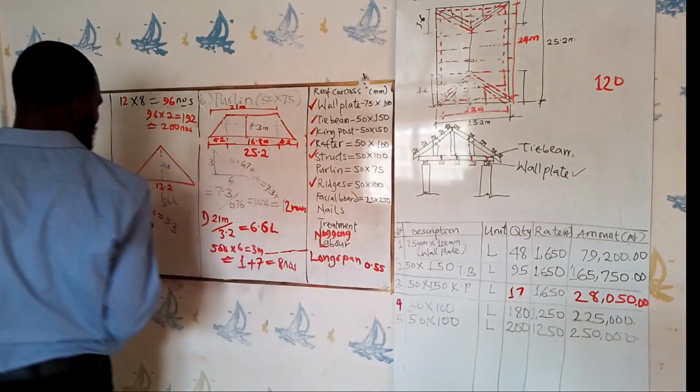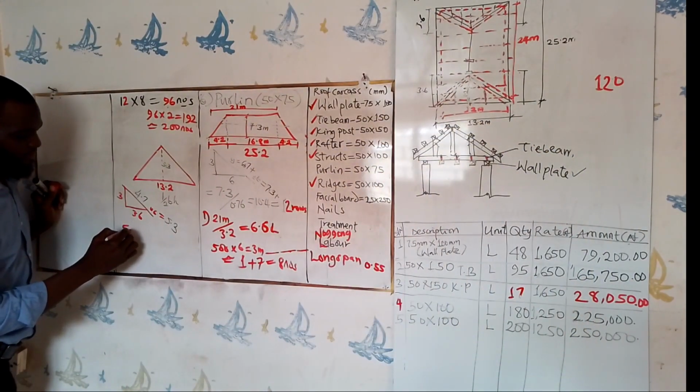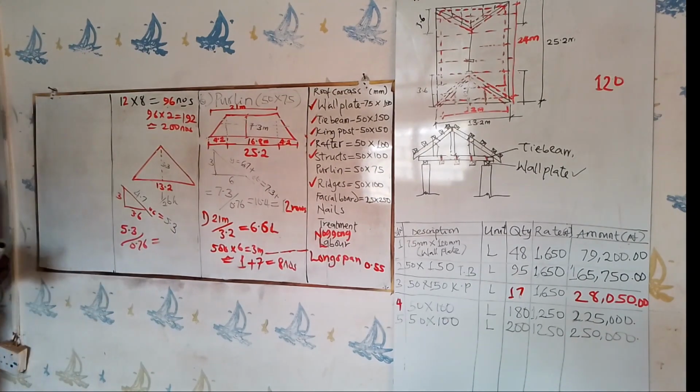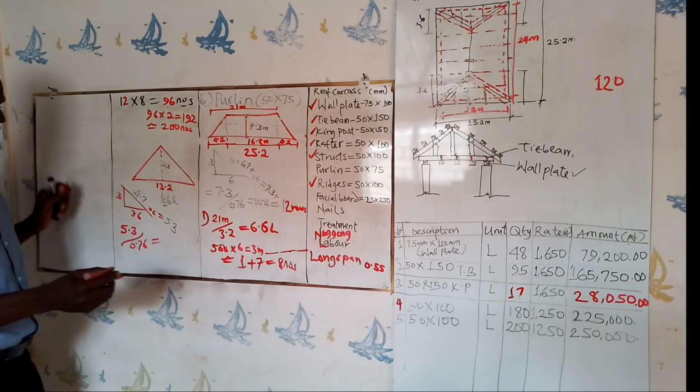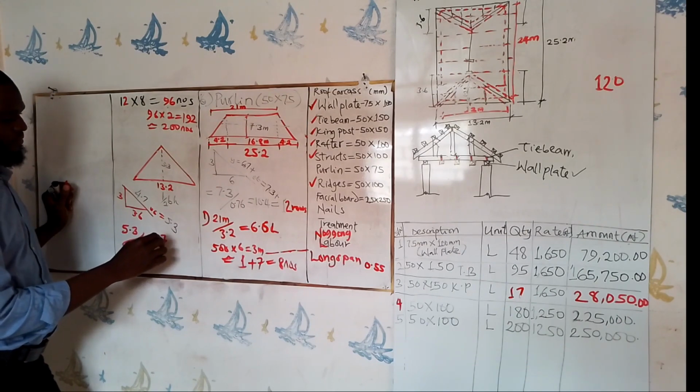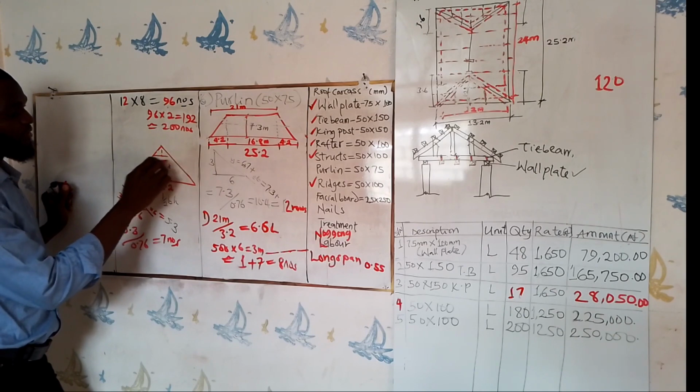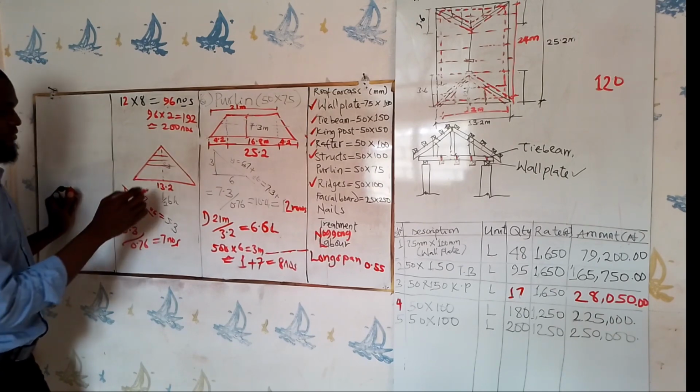So now 5.3 divided by 0.76 gives us what? 6.97. I just use 7. Just 7 numbers. So 7 rows. Rather, let's have 7 rows this way.